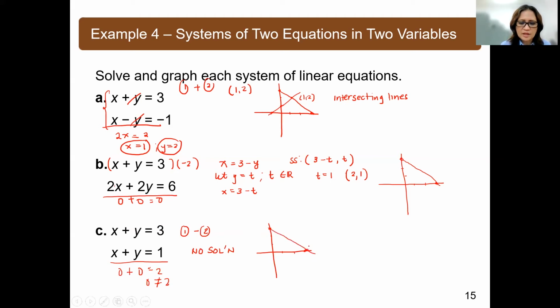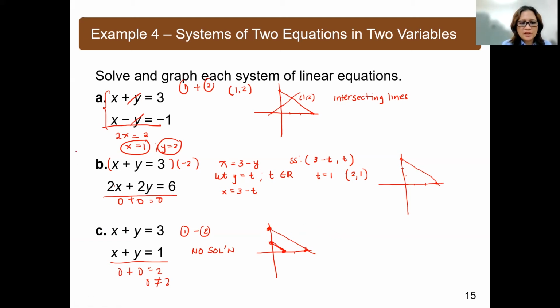And x plus y equals 1: when x is 0, y is 1. When y is 0, x is equivalent to 1. These lines should have the same slope. Just imagine that they have the same slope with different y and x intercepts. That's why there is no solution. There is no point of intersection.